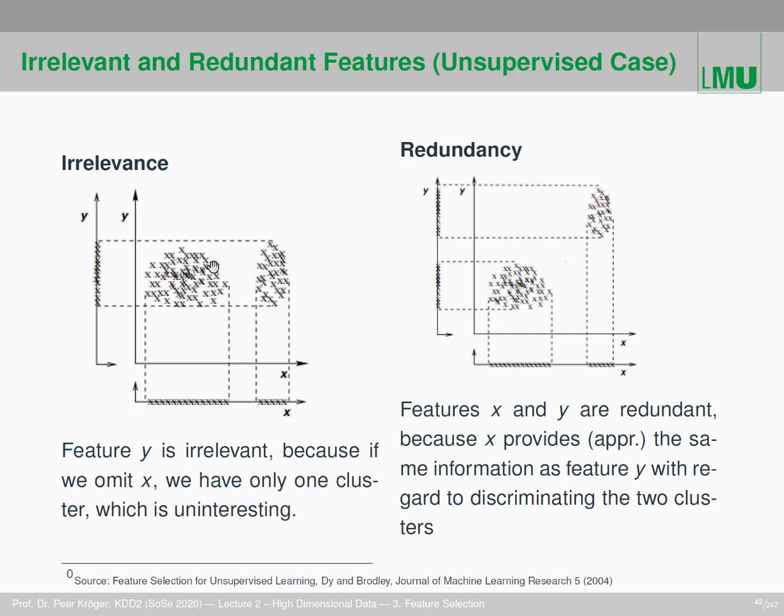You cannot distinguish the patterns we have in the two-dimensional case just by looking at Y. So Y is irrelevant to distinguish those two patterns, whereas X is relevant, because you need X to actually distinguish these two patterns. So we would like to get rid of Y and keep only X.